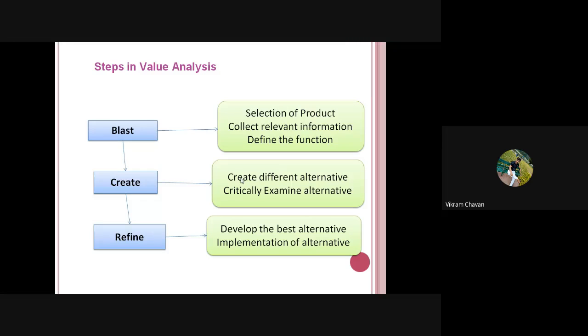Just a few minutes before, I gave a few examples, such as car manufacturing industries replacing stainless steel by aluminum material, then stainless steel by fiber material in the automobile sector. Then I gave the example of the CD100 SS motorcycle, and now there is the Splendor motorcycle. So a lot of difference has happened in those particular products according to the time.